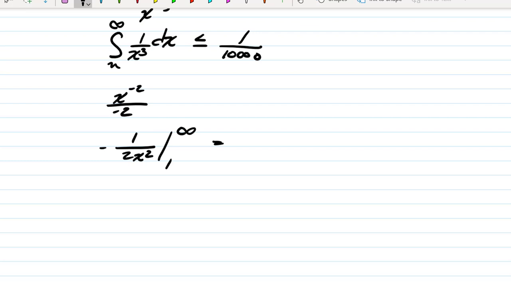So at infinity, we're still going to get 0. Minus minus makes it a plus. When we put in n, we have n squared, I wrote that down wrong, so we get 1 divided by 2n squared. And we need this to be less than or equal to 1 over 10,000.